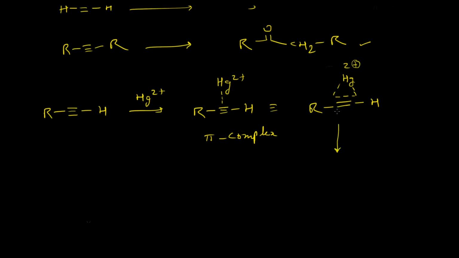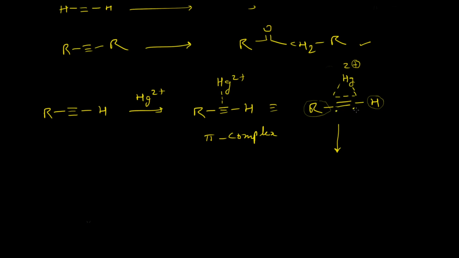Now you can see that these two carbon atoms are unsymmetrical. Here an alkyl group is attached to this carbon, and here only a hydrogen atom is there. The pi electronic cloud of the alkyne is being pulled by this mercuric ion, which will result in a partial positive charge over these two carbon atoms.